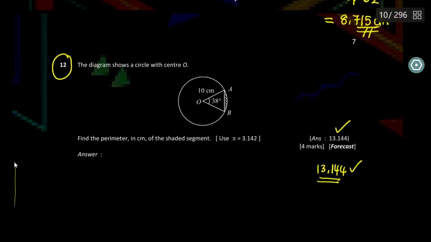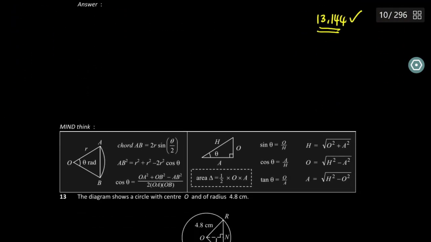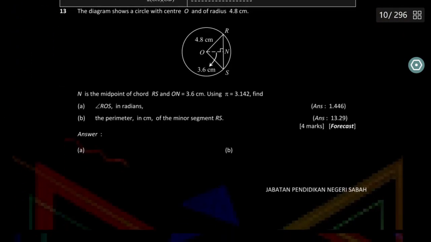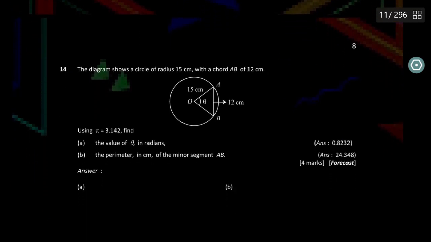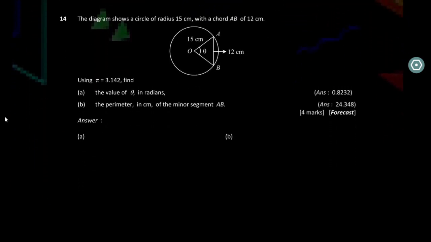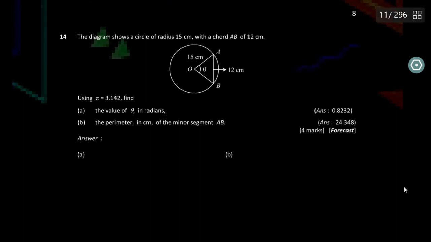So now moving on, let's go to our next part. Let's do questions like, for example, question 14. We are supposed here to find the value of theta and find the perimeter of the minor segment. I think question 14 is also similar to just now.